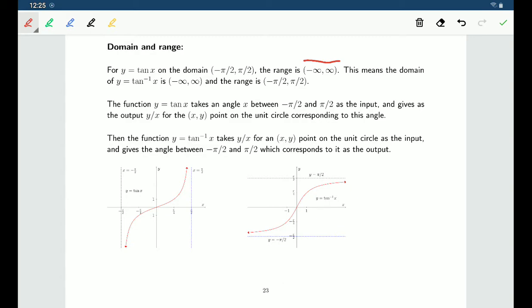Since that's the range for tangent, that means that's the domain for tangent inverse. So the nice thing here is you can put any number you'd like into tangent inverse and you can always evaluate it, unlike cosine inverse and sine inverse, which were both only defined from -1 to 1.